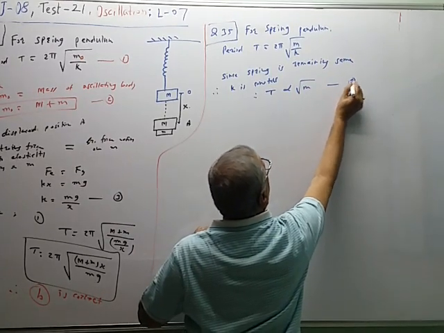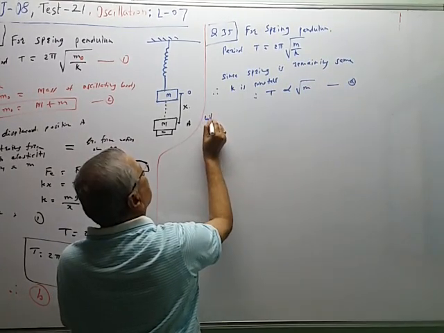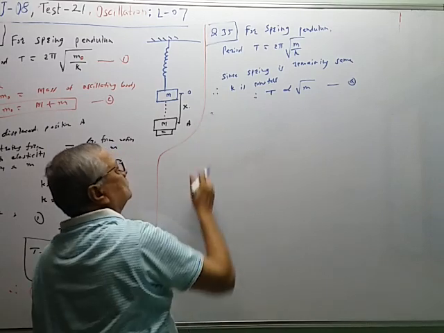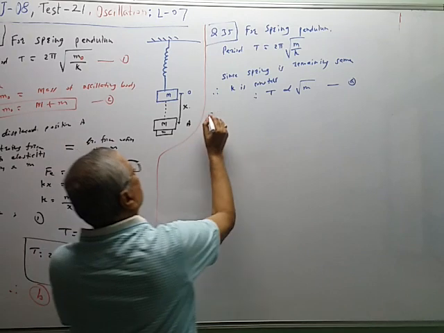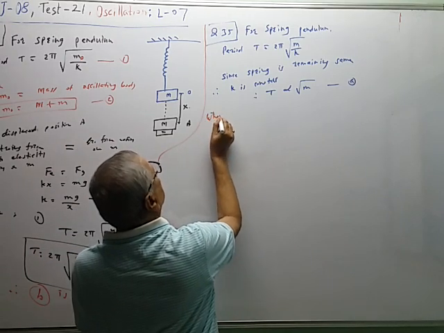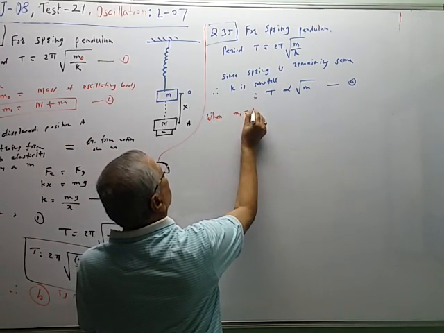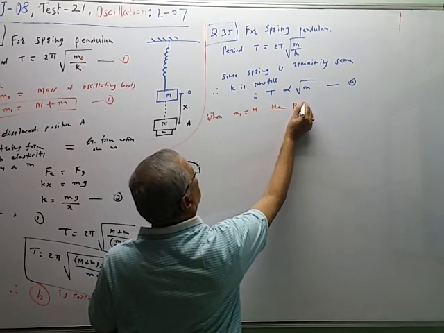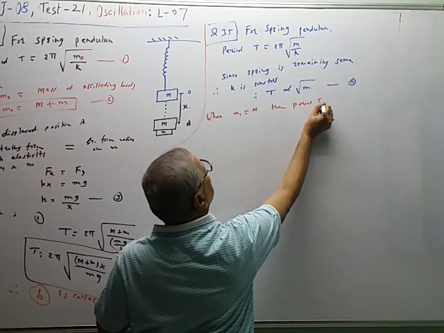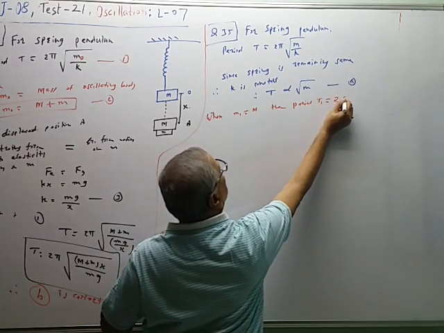This is equation A. When m1 is equal to capital M, then period t1 is equal to 2 seconds.